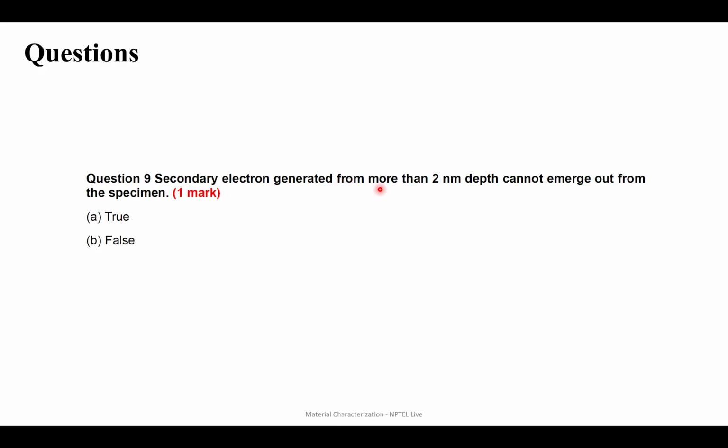Secondary electrons generated from more than 2 nanometer depth cannot emerge out of the specimen. True or false?